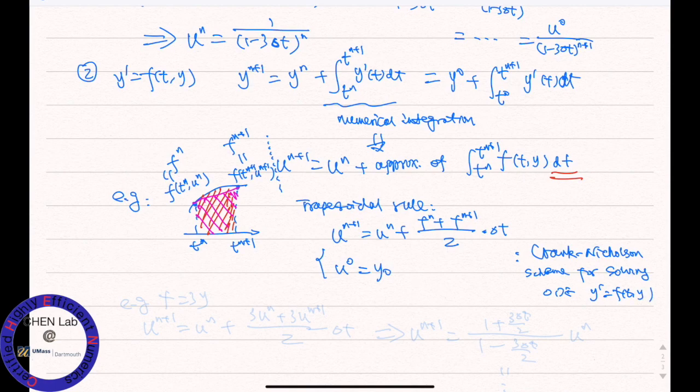So let's see what that means for our simple ODE, the same example, if our f is equal to 3y. u_{n+1} is equal to u_n plus 1/2 f^n is 3y, so that's 3u_n plus 3u_{n+1}, the whole thing times delta t.